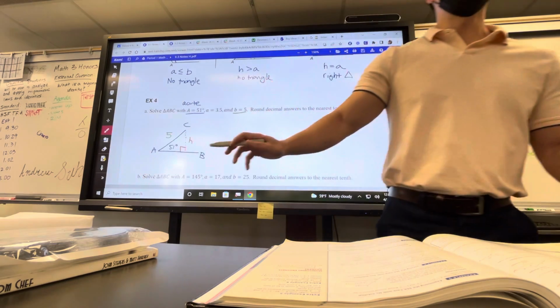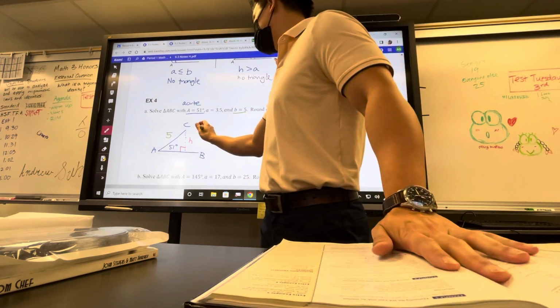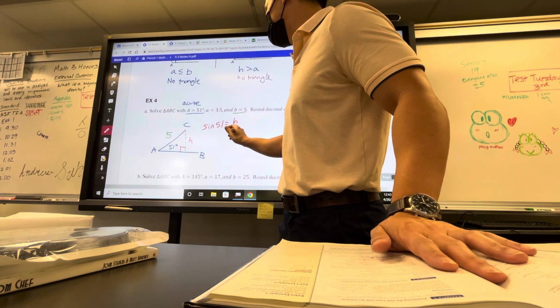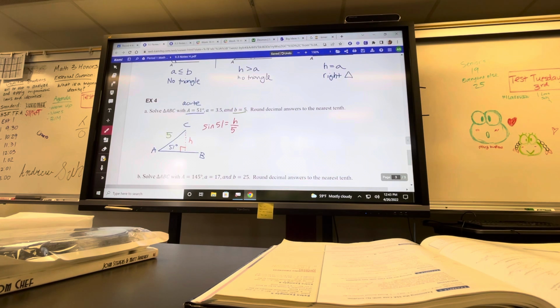Opposite over hypotenuse is going to be sine. So we can do sine of 51 equals height over 5. All we're really doing is multiplying both sides by 5 and using a calculator.